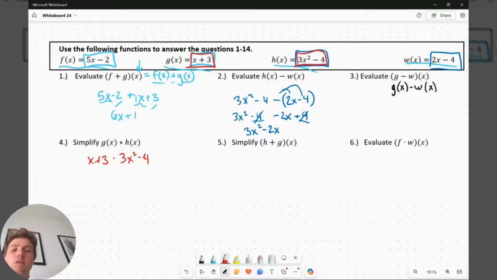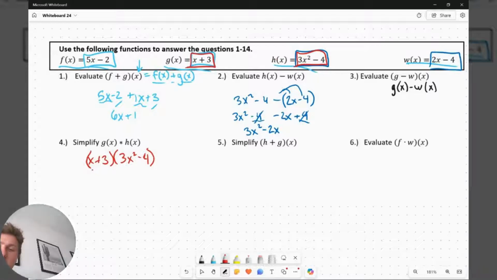Everything in the first function, the x plus 3, needs to multiply with everything in the second function. In order to show that, you need parentheses around both. Notice there is no sign in the middle. When there's no sign in the middle, these parentheses are just next to each other, and that is showing the multiplication.